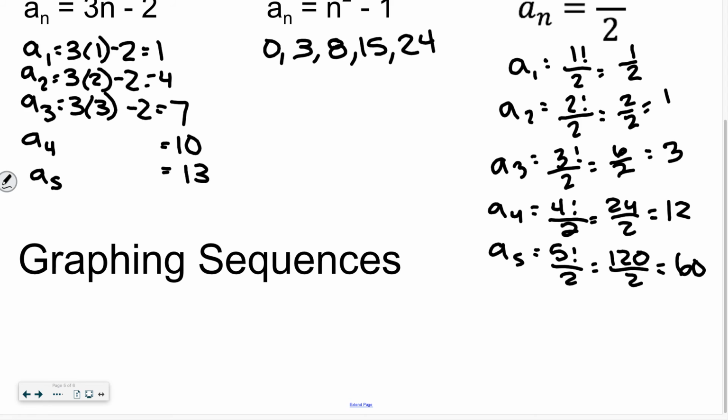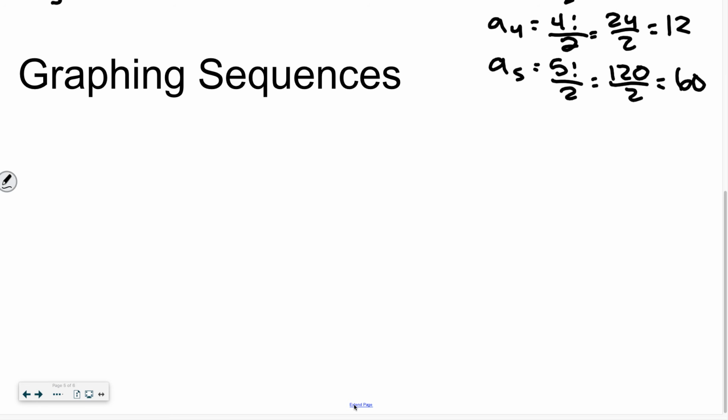What are you plugging in? In function notation, you're plugging in x, so that's your input. What are you plugging in sequences? N's. So the numbered term that it is your input. So that's going to look like, if I were to graph, I'm going to use this first sequence we did. What is that? 1, 4, 7, 10, 13.